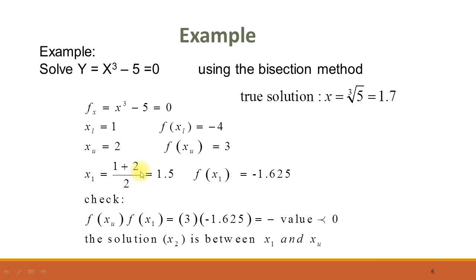Dear students, I want to repeat again: since the function has negative sign at x1 and opposite sign at xu, the next root x2 lies between xu and x1. So simply adding these two terms and dividing by 2, we obtain the next root x2.